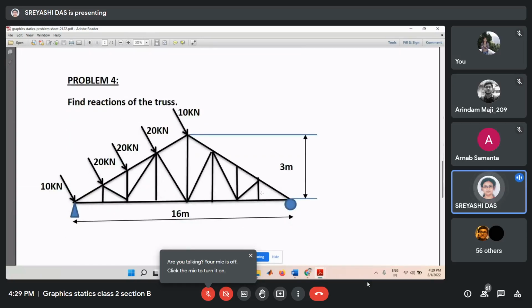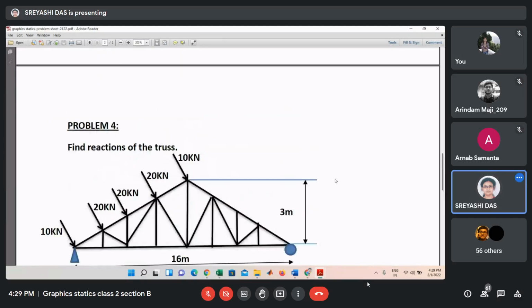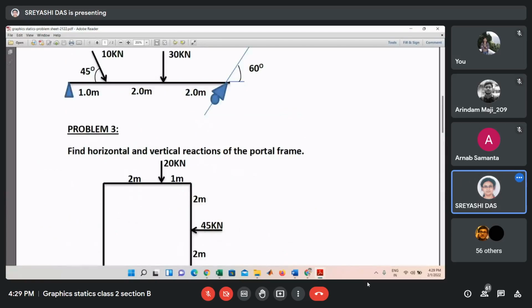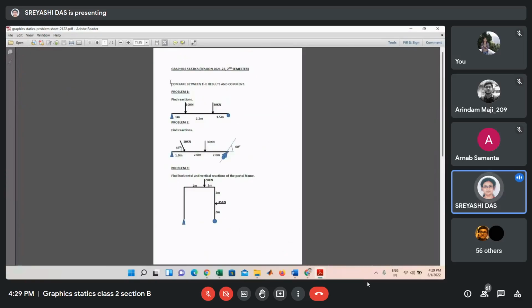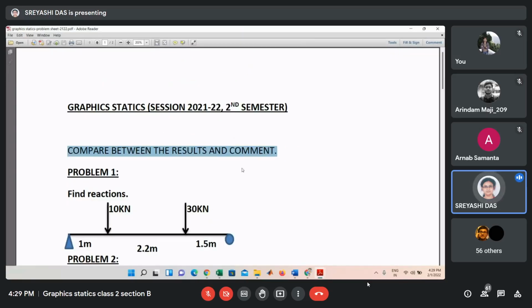This is your problem number 4. You have to find the reactions of this truss. These 4 problems are given, and you have to compare the results.